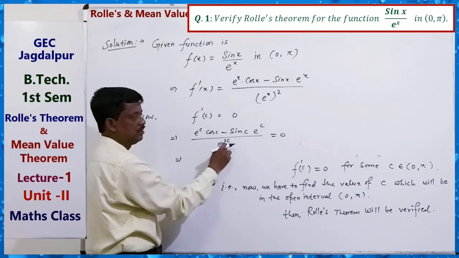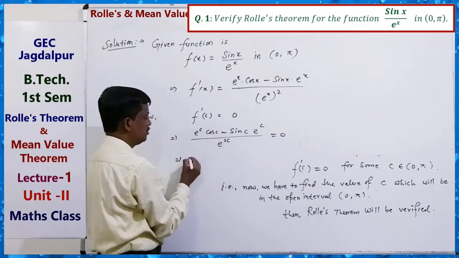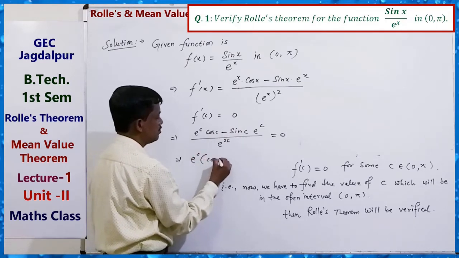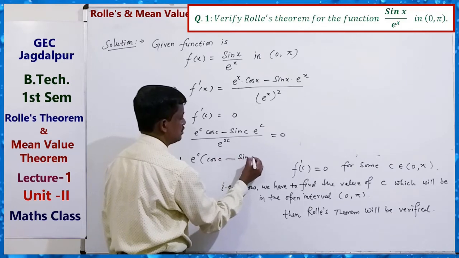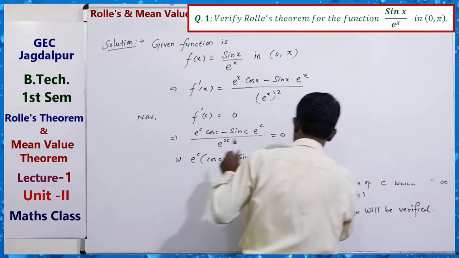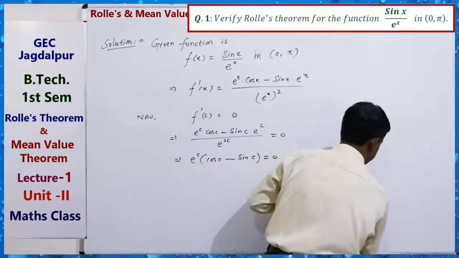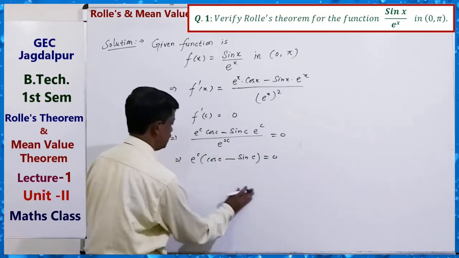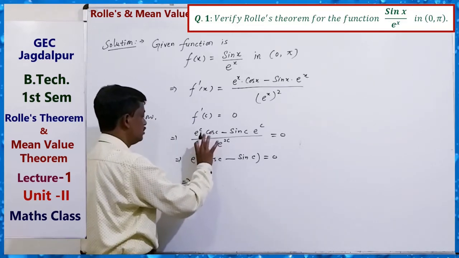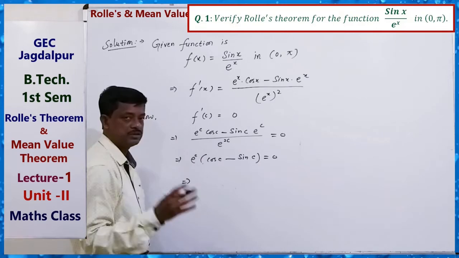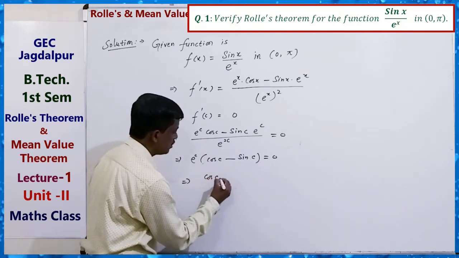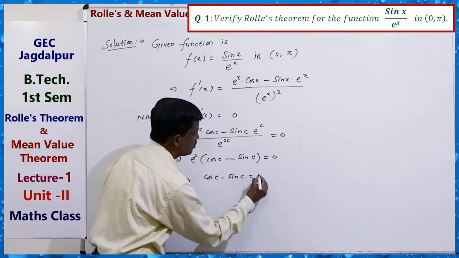This is multiplied to 0. Now e to the power c into cos c minus sin c is equals to 0. Just e to the power c is not equals to 0. You know, the value of the exponential function is not equals to 0. So cos c minus sin c equals to 0.